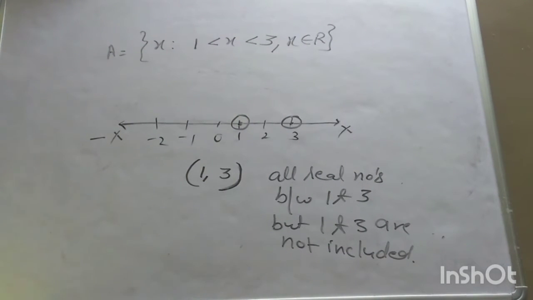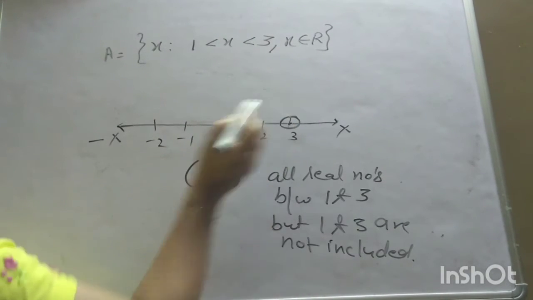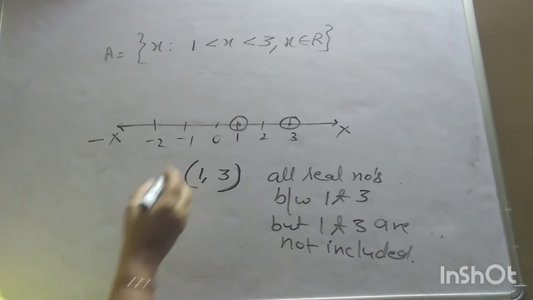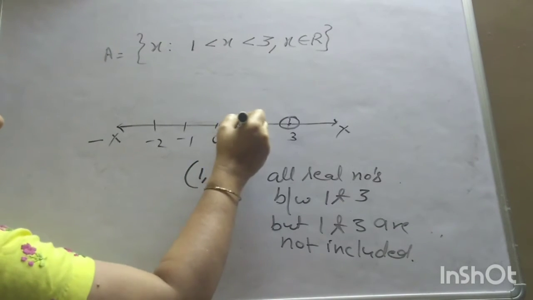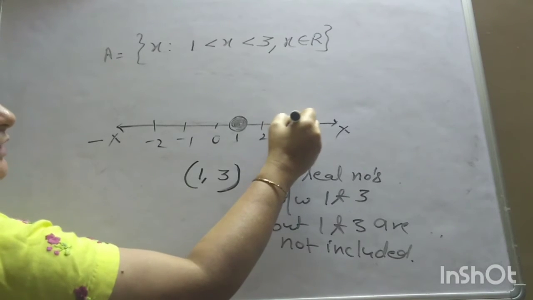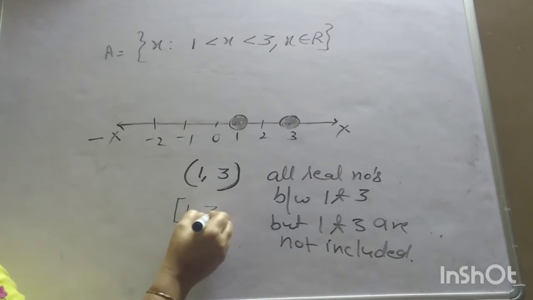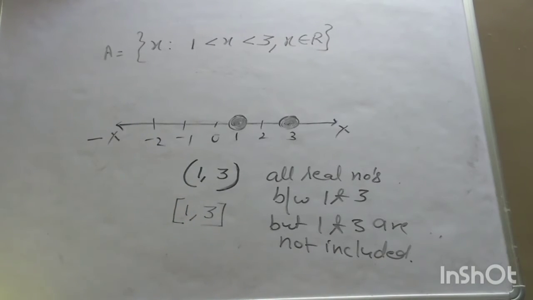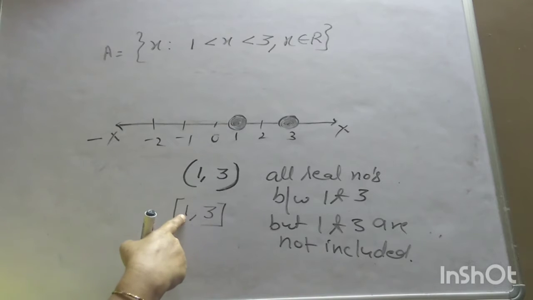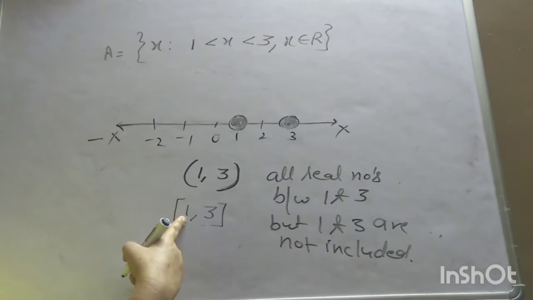Now, if we have numbers which lie between 1 and 3 and also include 1 and 3, then we can write it as closed interval [1, 3]. It means all real numbers between 1 and 3, also including 1 and 3.